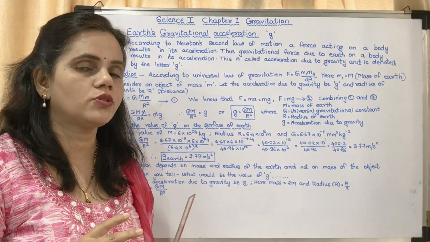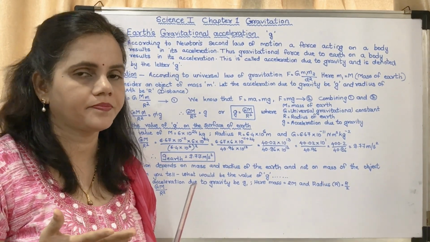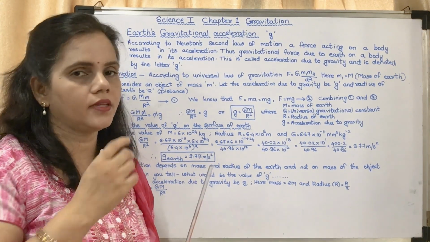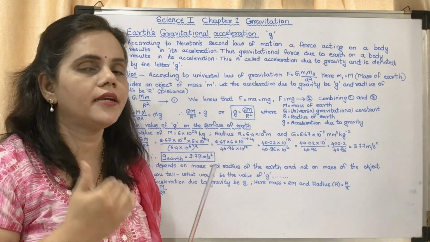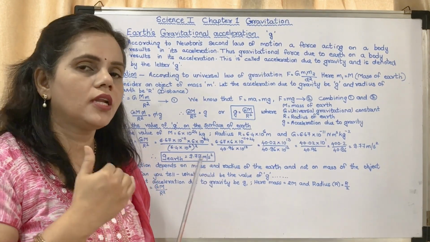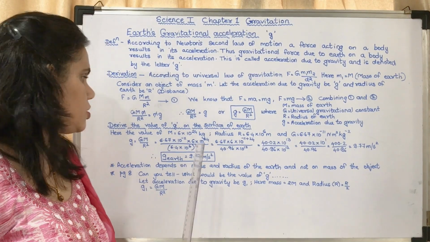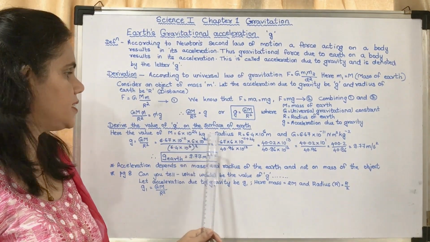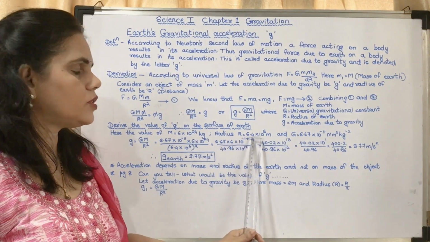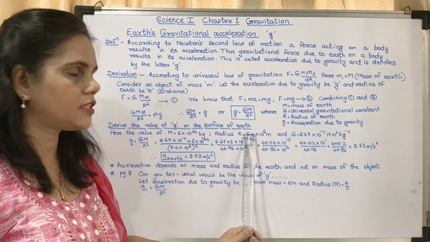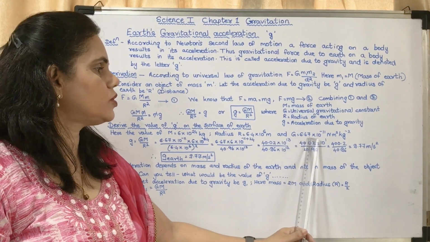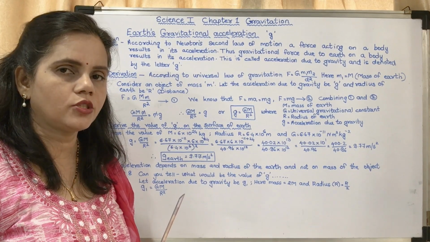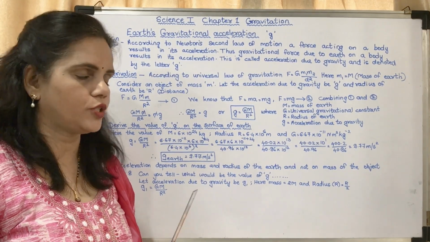These three values you have to learn by heart and keep, because in some numericals you won't be given those values, you have to write on your own. So you have to learn these values. Which three values? I repeat, M is equal to 6 into 10 raised to 24 kg. Radius R is equal to 6.4 into 10 raised to 6 meter. And G is equal to 6.67 into 10 raised to minus 11 Newton meter square kg raised to minus 2.